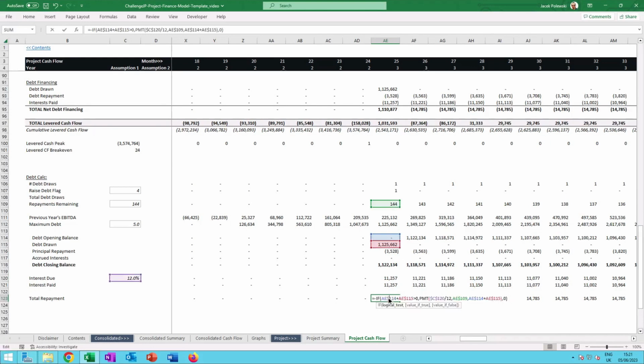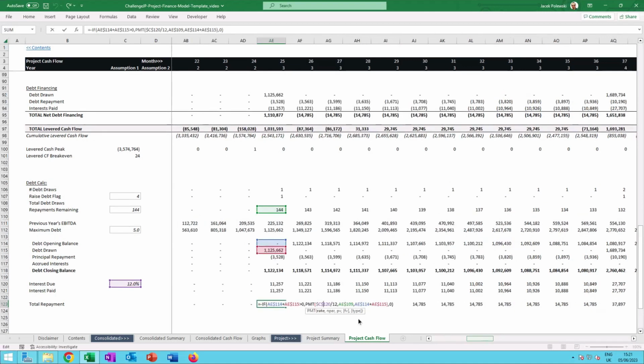Now, I'm using the formula here called PMT. This is an Excel formula which calculates the amount of payment that you need to make in order to repay a certain level of debt over a set period of time, assuming an interest rate of X. So if you very quickly click on the PMT formula here, I just bring it to the left.